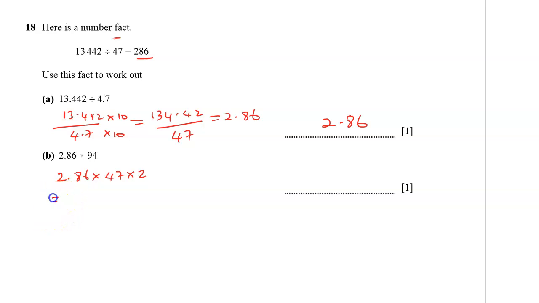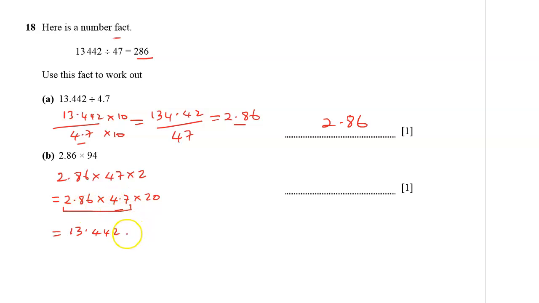And of course, this number here, you can write this number as 2.86 times 4.7 times 20. Okay, so you have now changed this number to look like this number, and this number here to look like this number. All right, because we have said if you divide this number by this, you'll get this. So if you multiply this number times this, you'll get this. Therefore, these values here will give you this number, that is 13.442.